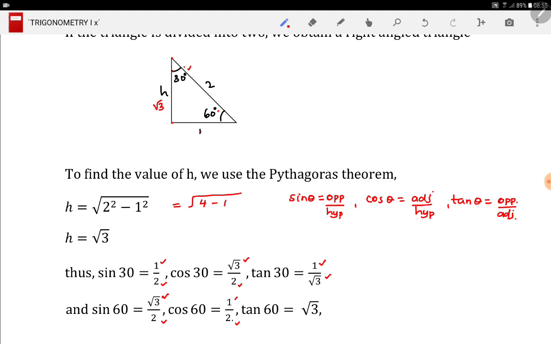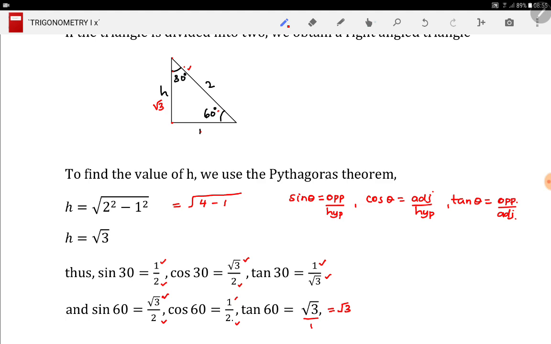Then tan of 60 is equal to the side opposite to 60, which is root 3, over the adjacent, which is 1. And this is equal to root 3. Therefore, from this triangle, we have been able to obtain the trigonometric ratios of angles 30 and 60.